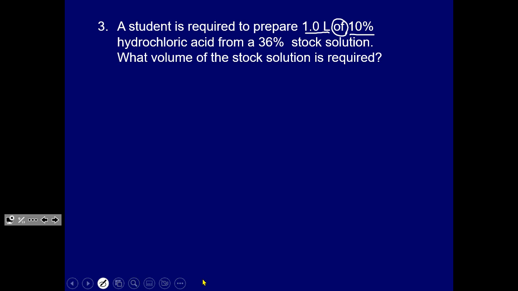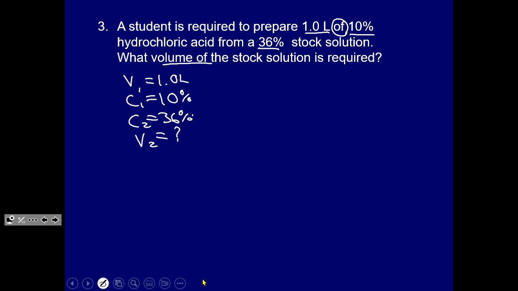And then the stock solution is that, and the question is what volume of the stock solution. So because it's first, I would go V1 is 1, and I would go C1 is 10%, and I would go C2 is 36%, and I would go V2 is, again, question mark, how much do we need if we want to make it?